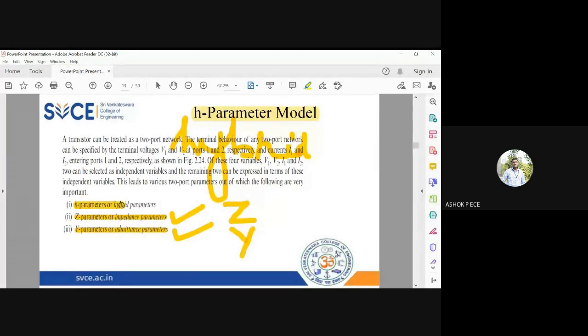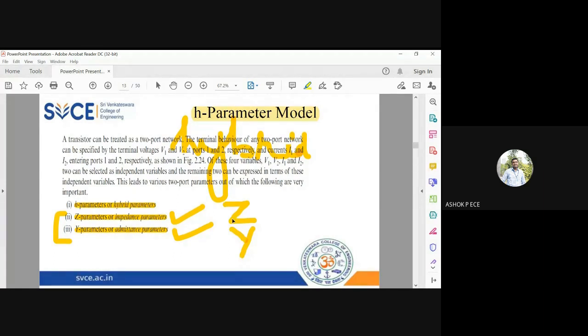These H parameters are going to be a combination of Z and Y. So how is it a combination? So you have Z and Y. From Z and Y I can make 4 combinations, right?